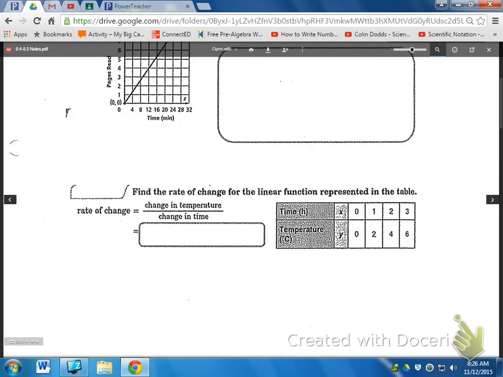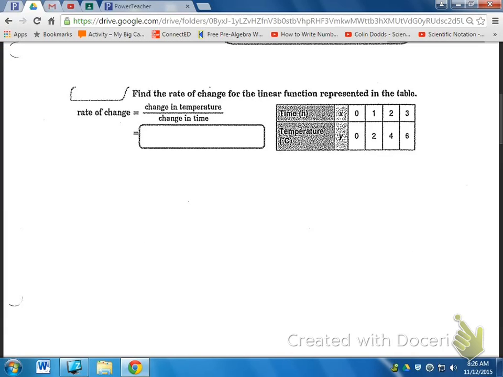The rate of change. This time it's given to us in a table, and it's saying the change in temperature. Well, the temperature is down here, and it's over the change in time, which is hours. It's up here. Okay, so if I had to pick out two temperatures, let's just do these first two.